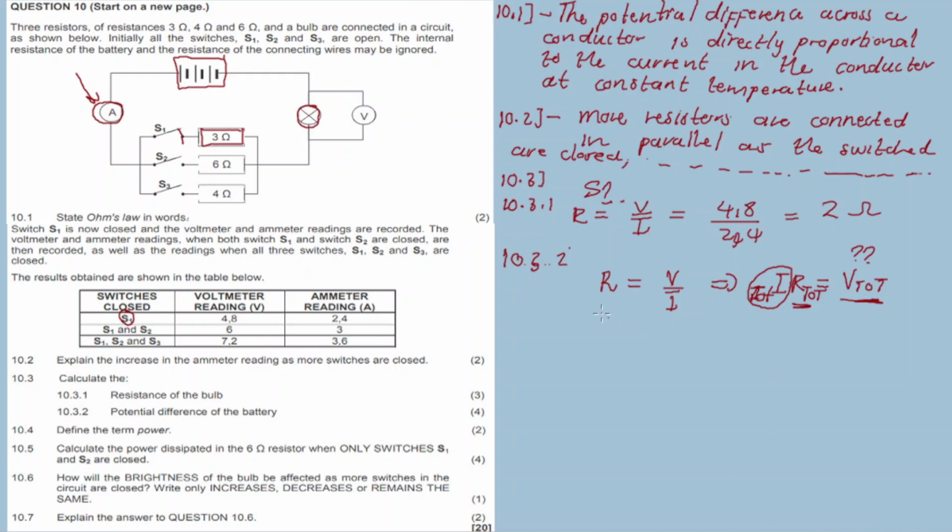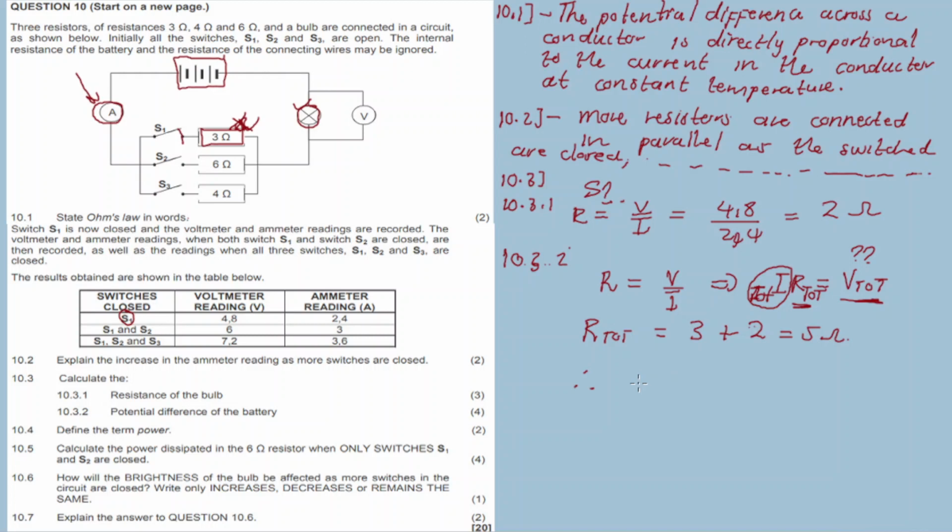So the total resistance R tot is equal to 3 plus 2, 3 ohm for this resistor and 2 ohm for the bulb, which is 5 ohm.